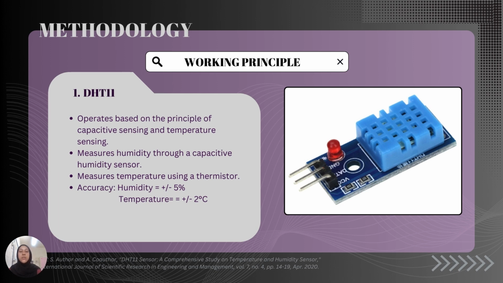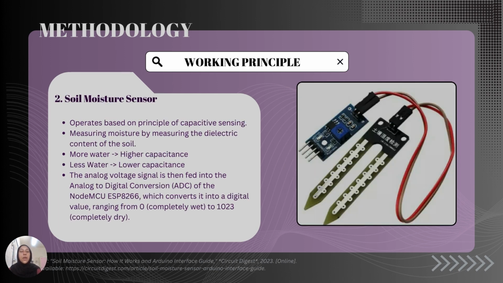degree Celsius. The working principle for the soil moisture sensor, it operates based on the principle of capacitive sensing. It measures the moisture by measuring the dielectric content of the soil. So when the water content in the soil is high, that means it has high capacitance. And if the water content in the soil is less, it means low capacitance.